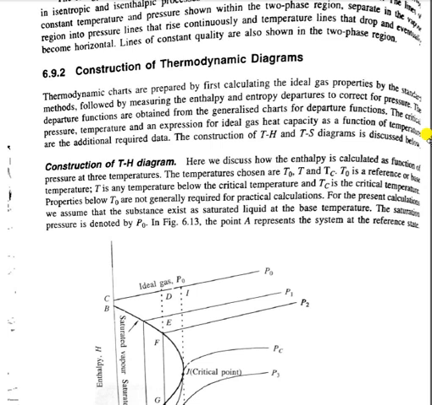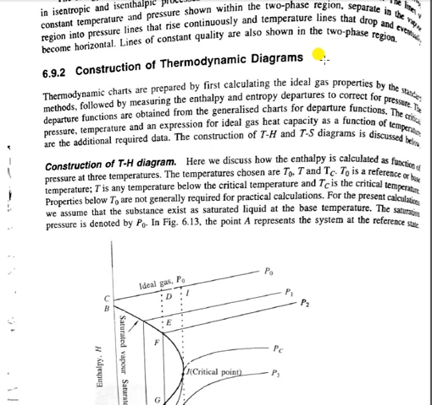So let's see. First, thermodynamic charts are prepared by first calculating the ideal gas properties by the standard method, followed by measuring the enthalpy and entropy departures to correct for the pressure.